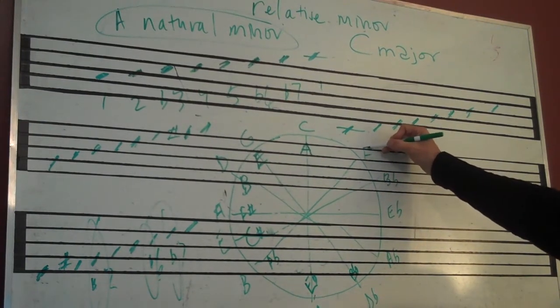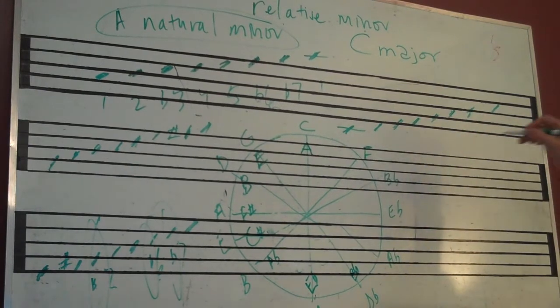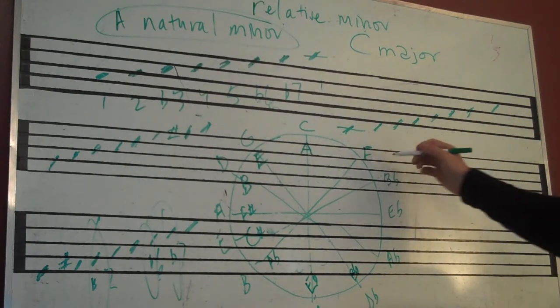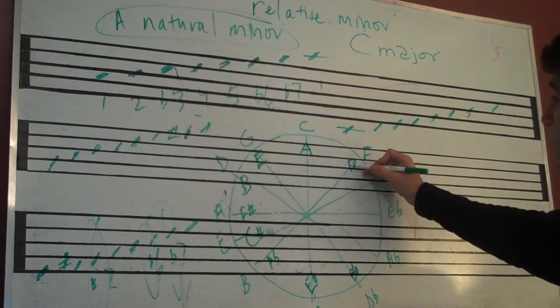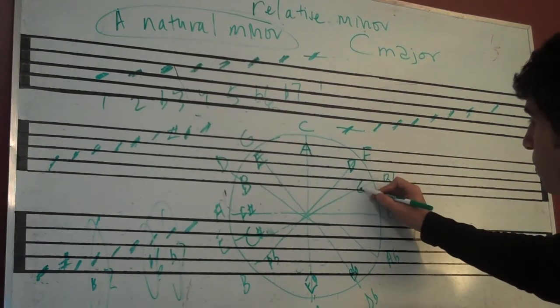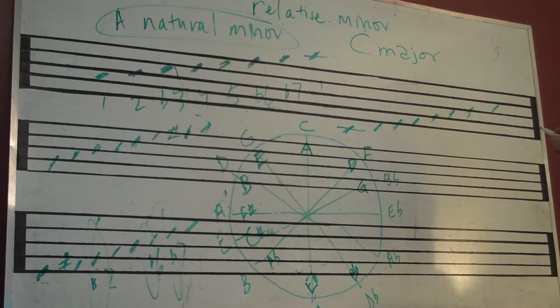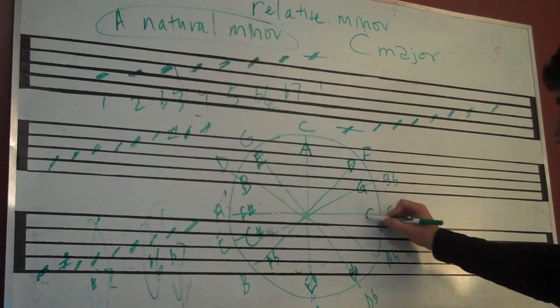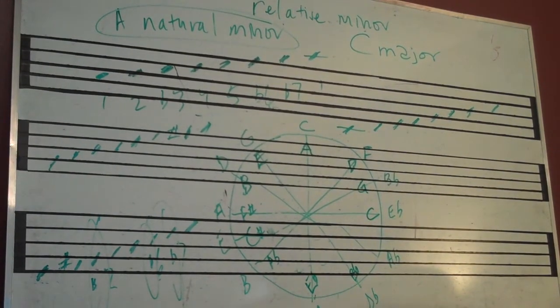Let's go up here. What do you think this one? D natural minor, G, that's C natural minor scale.